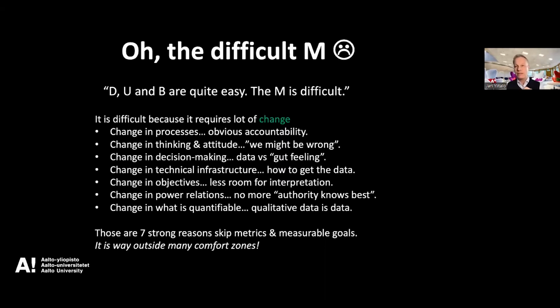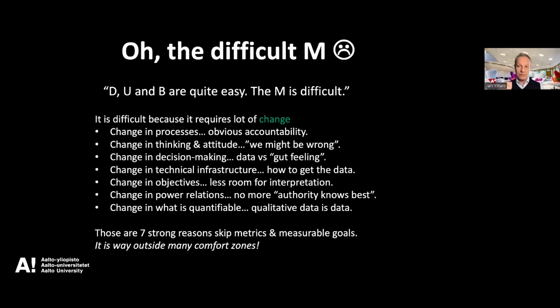It also reveals our certain ways of thinking, maybe our attitudes, who's accountable, how we make decisions based on data or gut feeling, because we have some routinized ways of doing things, and also assumptions and practices, and many times those are not so defined, and there's this kind of flexibility.